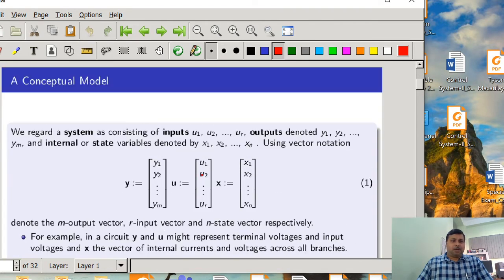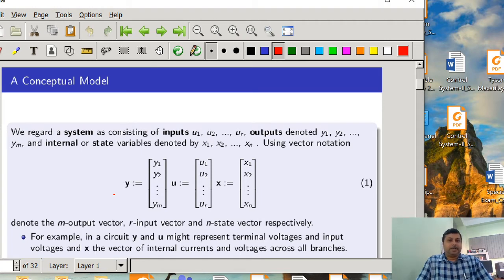Now I am going to show you a conceptual model of a system, where we regard a system as consisting of inputs. There are r inputs, u1, u2, ur. As I told you, we want to go for a generalized modeling technique where a MIMO system can also be modeled.